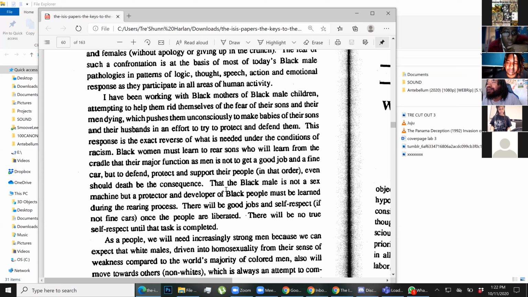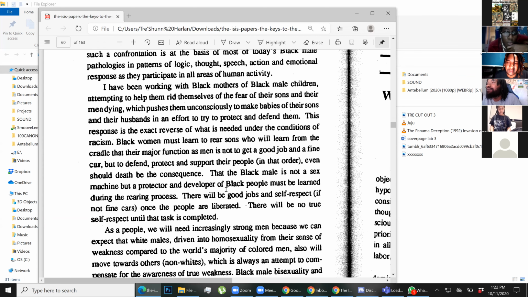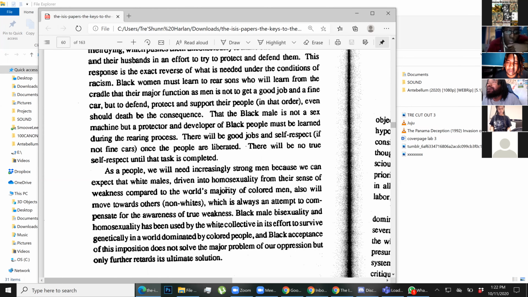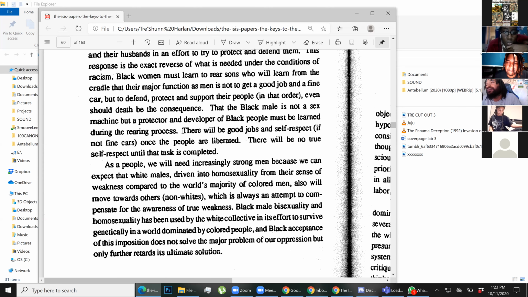The Black male is not a sex machine, but a protector and developer of Black people; this must be learned during the rearing process. There will be good jobs and self-respect, and if not, fine cars, once the people are liberated. There will be true self-respect, and there will be no true self-respect until that task is completed.